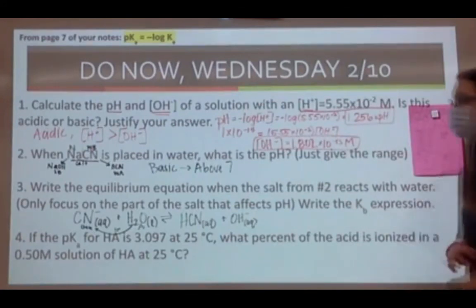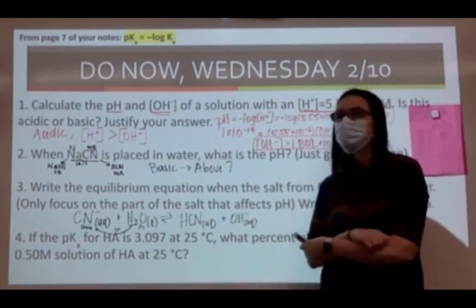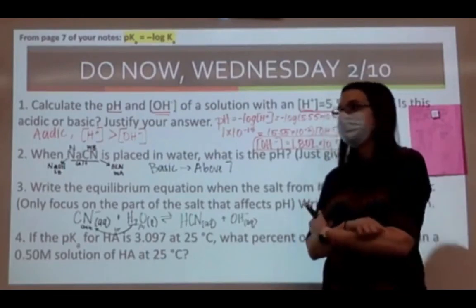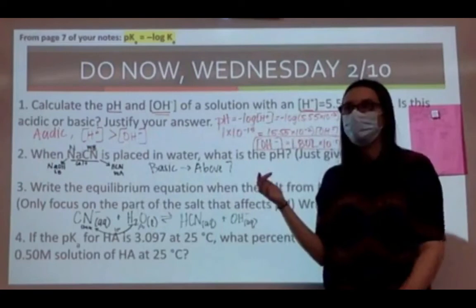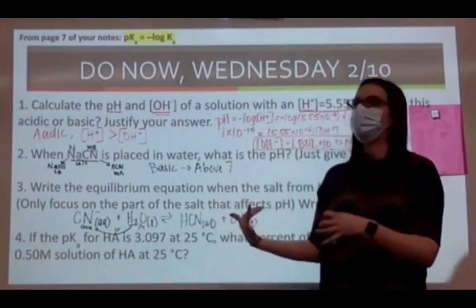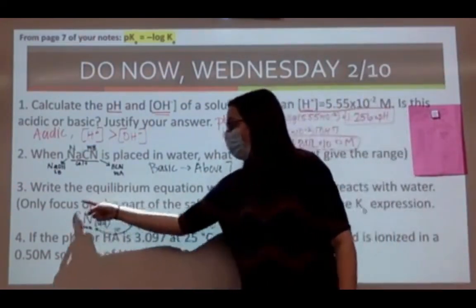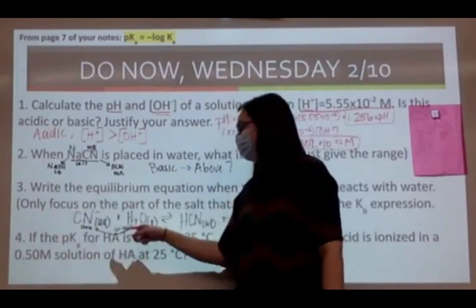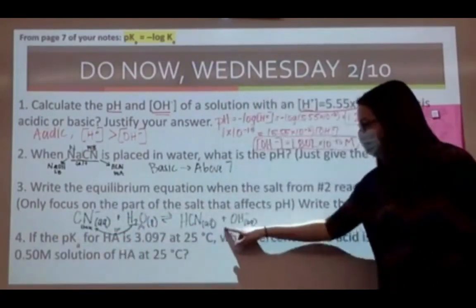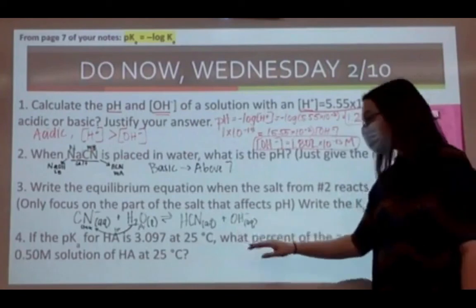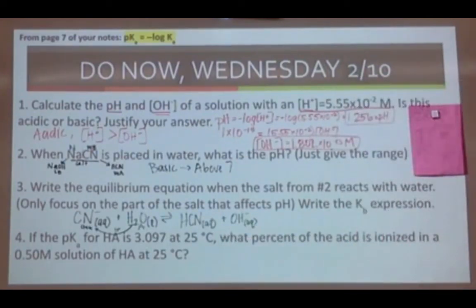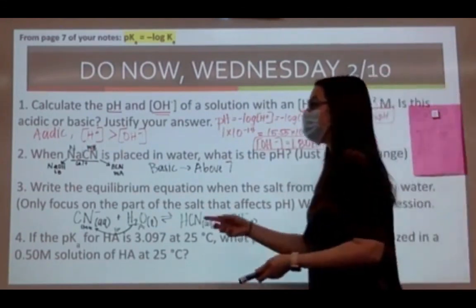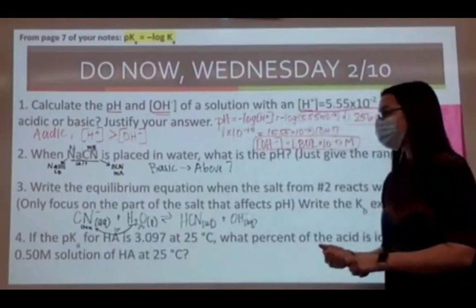This is why CN minus makes a salt basic. A salt is always dissolved in water because of the products of an acid-base reaction. When CN minus is in water, it produces OH minus. If it produces hydroxide, it's a base. So that's why CN minus makes the pH basic. That's why CN minus acts as a weak base.